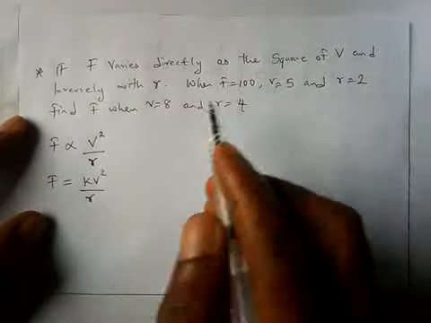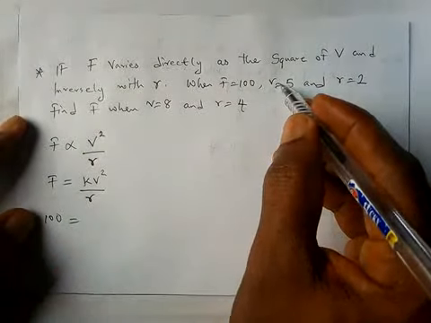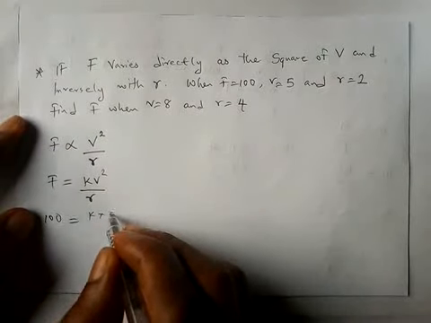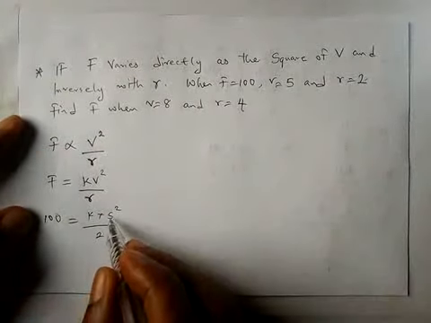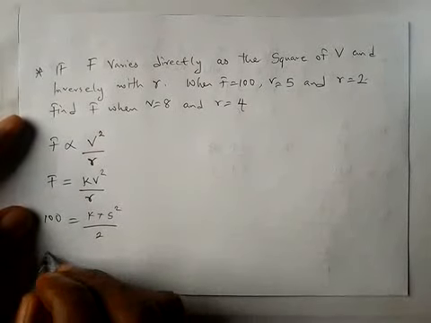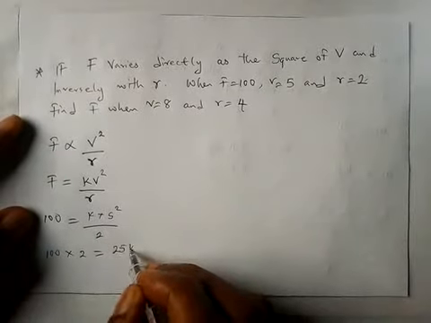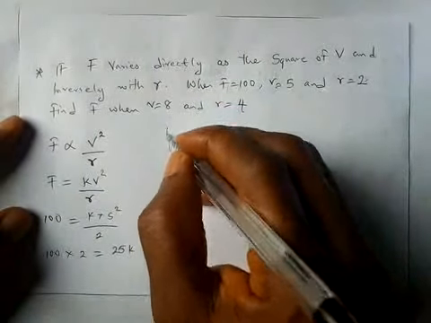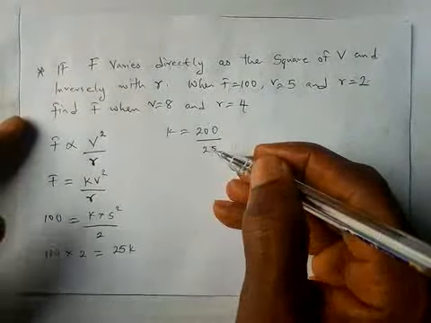Now when f is 100, v is 5, so k times 5 squared, r is 2. So I can get k from here. This is 25. Cross multiplying, 100 times 2 is equal to 25k, meaning that k is equal to 200 over 25.